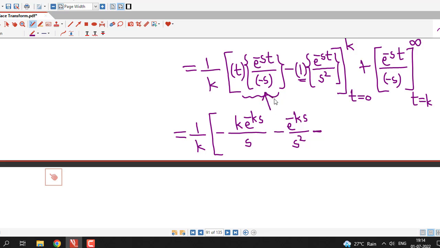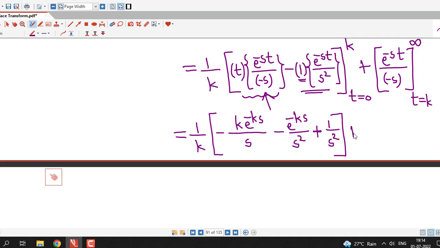The value of the first term will be 0 for t equal to 0, and for t equal to 0 the second term will be e raised to 0, that is 1, divided by s square, and there will be minus 1 by s square. So minus minus is plus. I write directly, due to the minus sign of the lower limit, upper limit minus lower limit, minus 1 by s square, so minus minus plus.